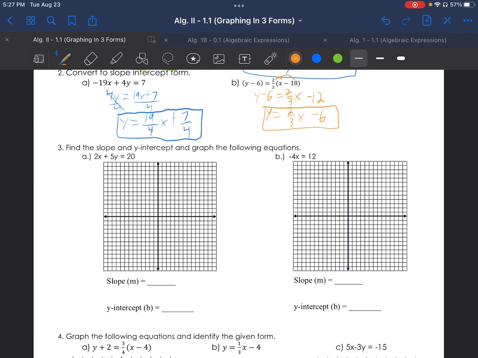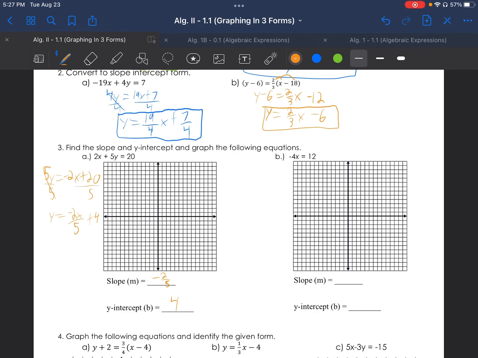I'm subtracting 2x to start. 5y equals negative 2x plus 20, and we're going to divide everything by 5. It doesn't go into negative 2x, but it does go into 20. So now we have the slope is negative 2 over 5, and the y-intercept is 4.